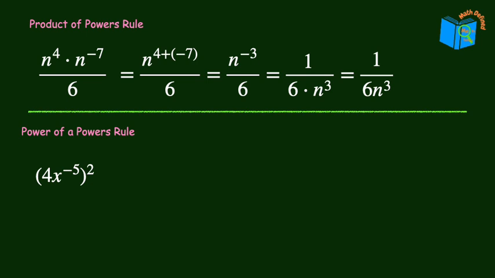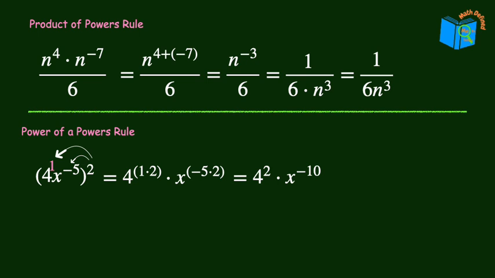Before we start distributing the exponent of 2, remember the coefficient 4 has an exponent of 1, even though it's not written out. Using the power of a power rule, we keep the base of 4 and multiply the exponents, and we do the same for the variable x. This results in 4 squared times x to the negative 10th power.